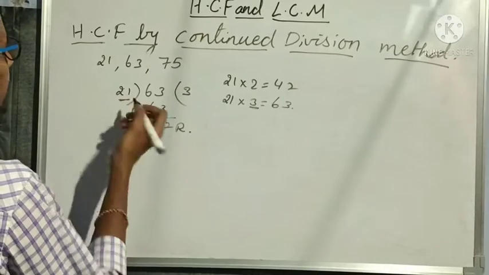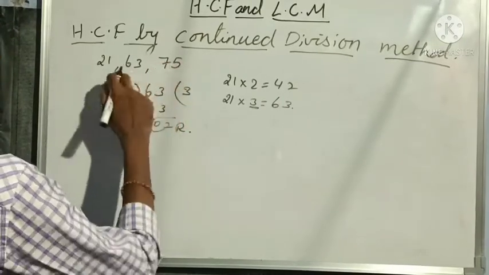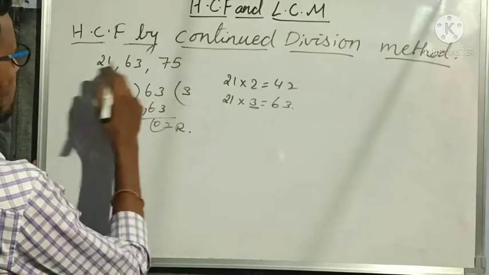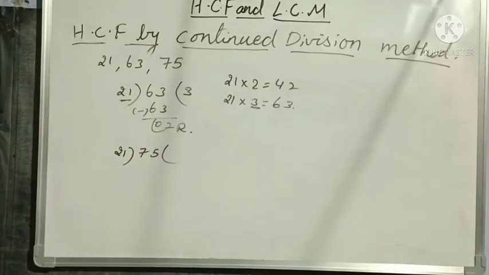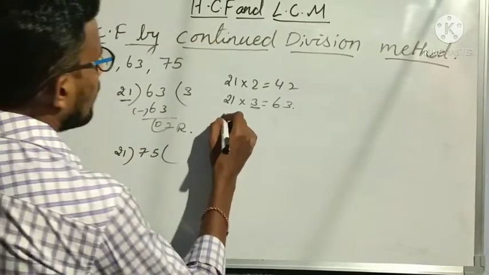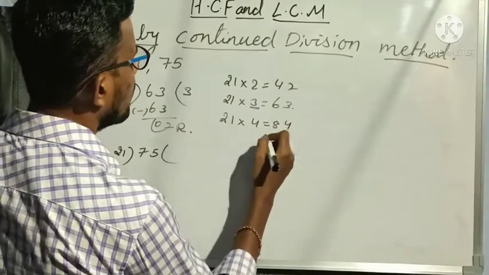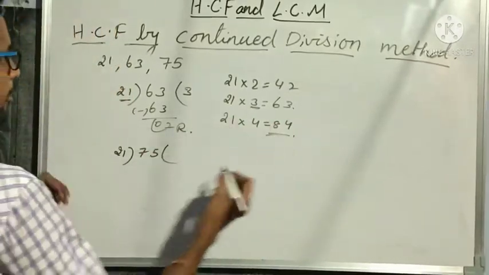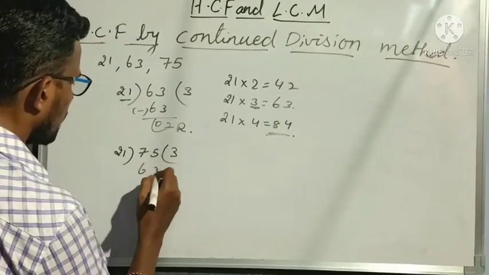So here also we are getting directly, but how about this one? Let us do 21 with 75, if not 63 with 75. However, we can't cut this. For my convenience I am taking 21 with 75. So 21 4s, we continue the table, 4 4 1, 4 4 2 8. So 84 means more than 75, not possible. So I will take 3 times 63.